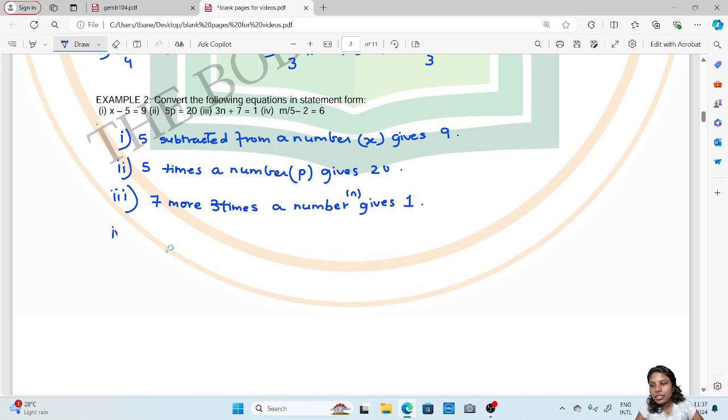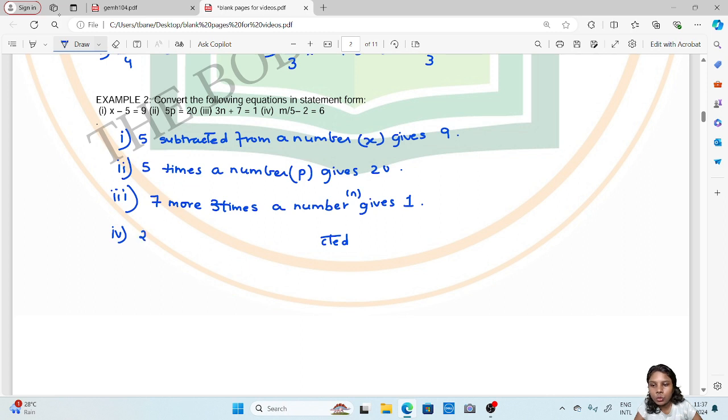And then the last one we have is a fraction. So how do we write a fraction? 1/5 of a number, the number subtracted. We have to be careful, okay? In subtraction, you always have to write the second term first.